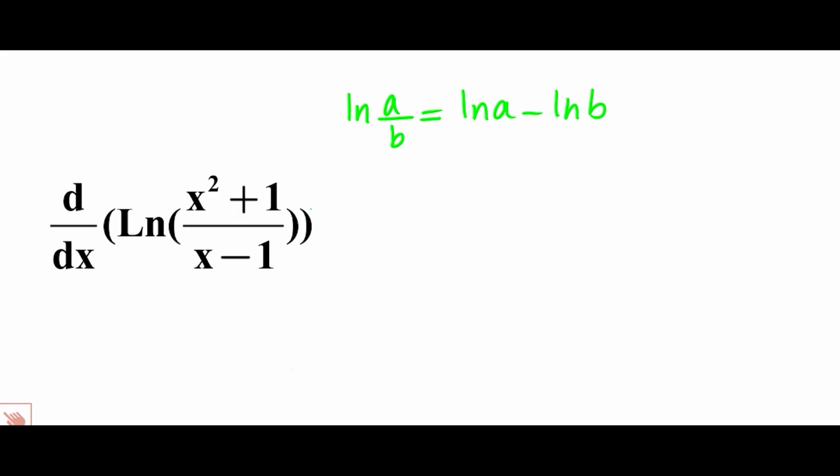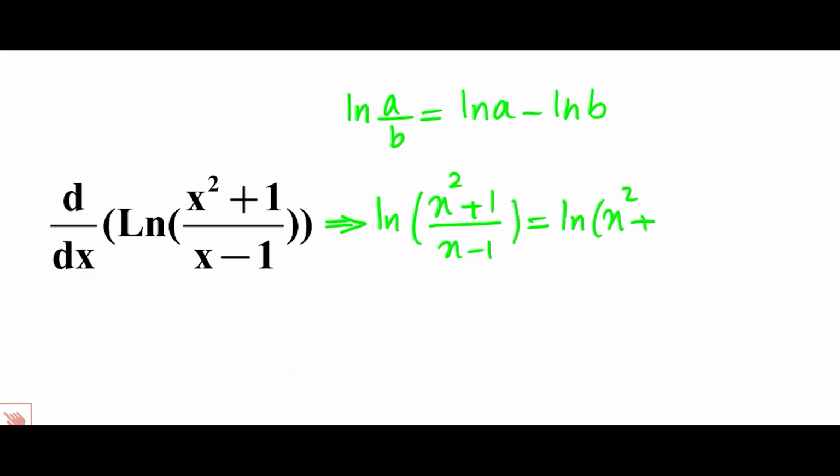Okay, so we have ln of x squared plus 1 over x minus 1 is equal to ln of x squared plus 1, according to this formula, minus ln of x minus 1. Okay, so we can take the derivative.